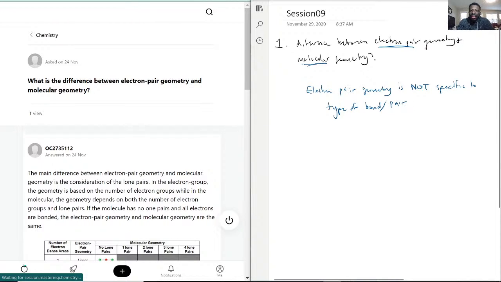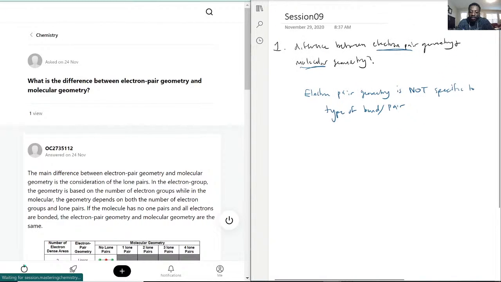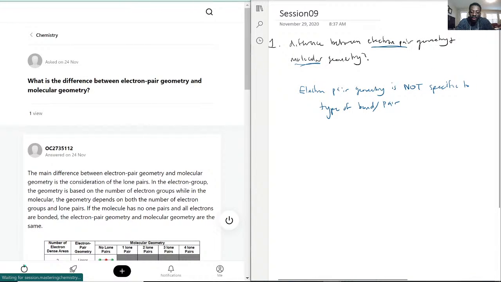Electron pair geometry, the goal is simply to count out how many connections the element has. So for example, if we had this perfect example, ammonia, NH3, if you drew out its molecular structure, it'll look kind of like this.